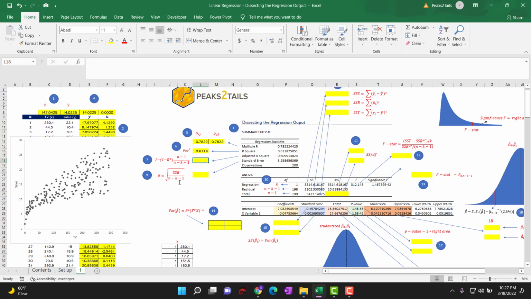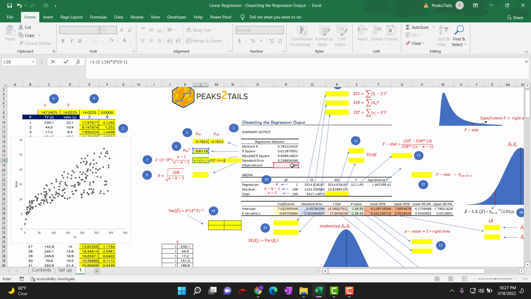Next, we have adjusted R square. Now adjusted R square is crucial for multiple linear regression where we have many regressors, right? So let's calculate this. 1 minus (1 minus R square) times (n minus 1). So n is the number of observations. In our case, the number of observations is 200.